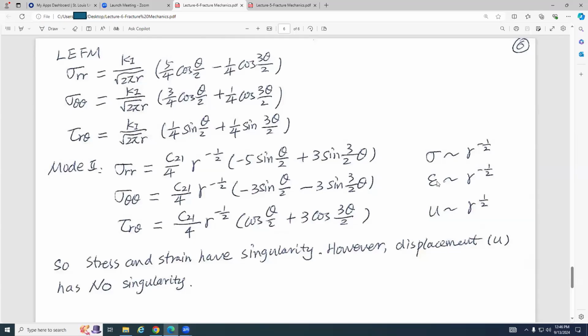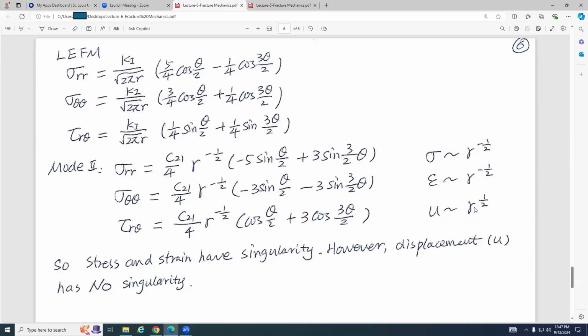Why for displacement is there no singularity, guys? Bobby? Why for displacement is there no singularity? You can't have infinite displacement. No, you can see here, because u is proportional to the square root of r.